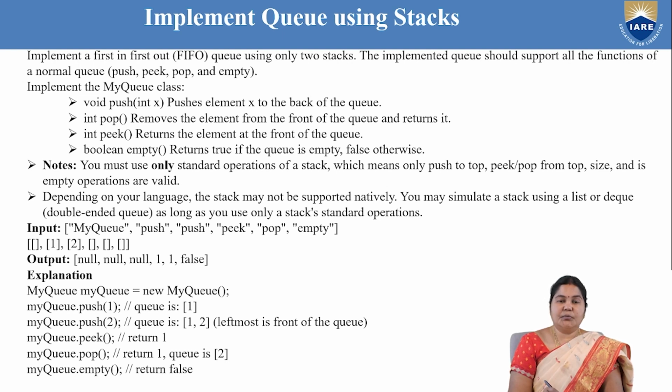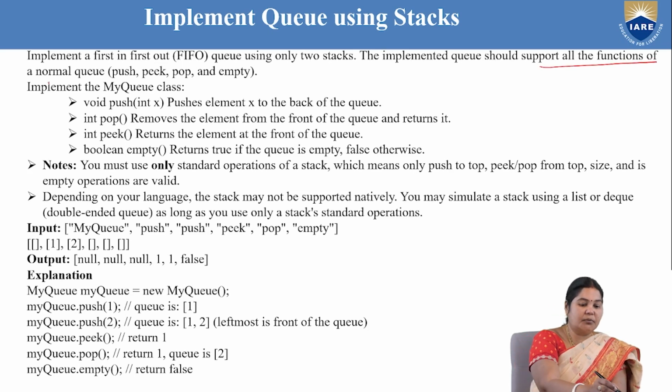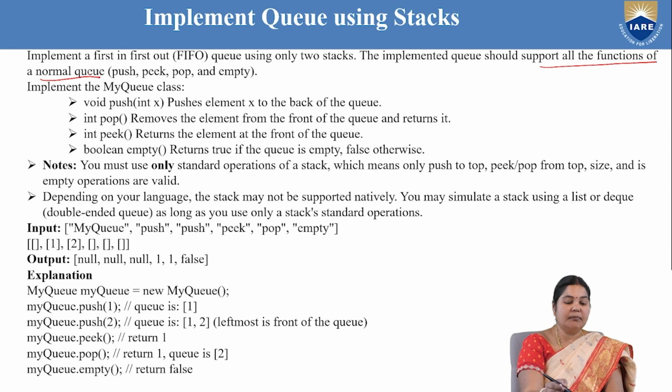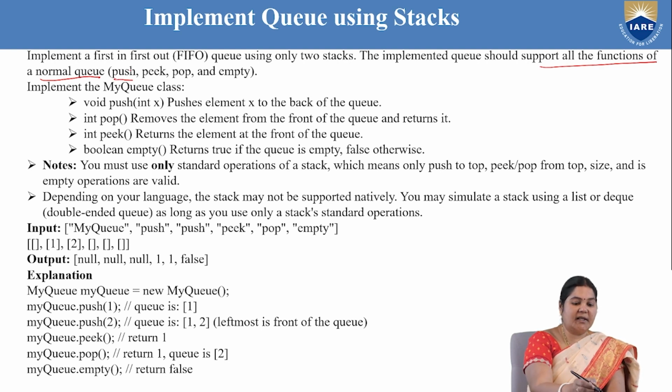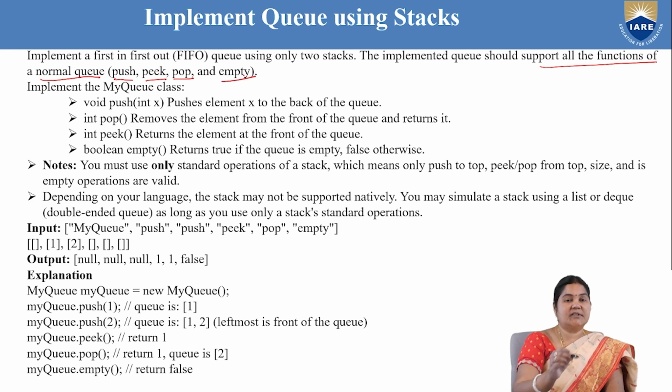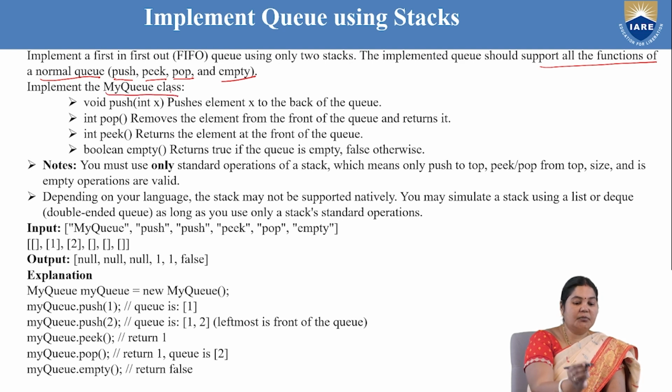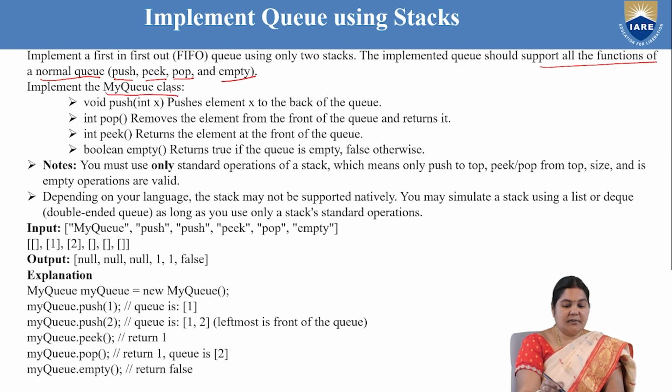The implemented queue should support all the functions of a normal queue. What are the operations of a normal queue? How to push an element, how to pop an element, how to peek an element, and how to check whether the queue is empty or not. Here you have to implement a MyQueue class where push(x) pushes an element onto the back of the queue, because the elements are always inserted from the back end.